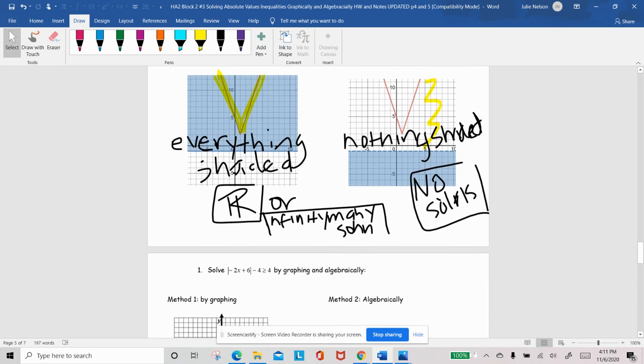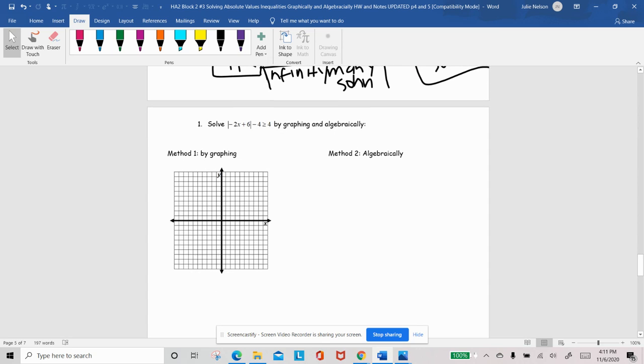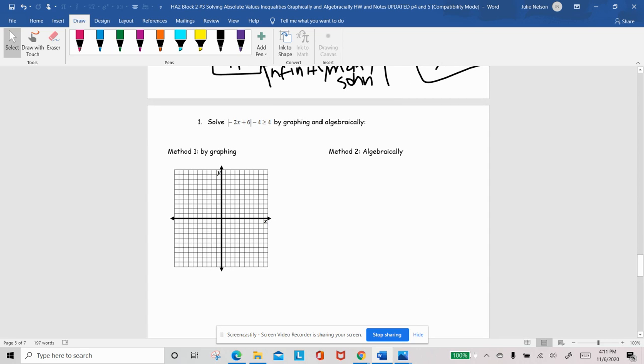All right, so we're going to use that information and what we did in class to see if we can solve these absolute value inequalities by graphing and algebraically. So the first thing I want to do is take a look at the left side versus the right side. The left side right here is an absolute value function.